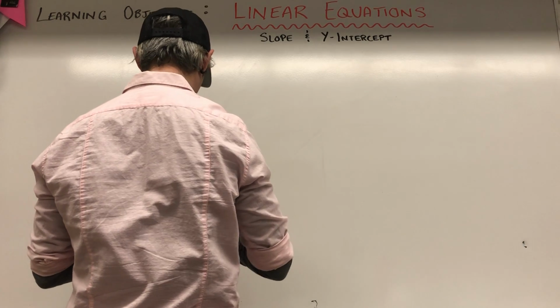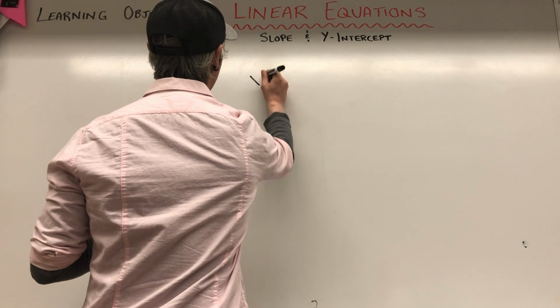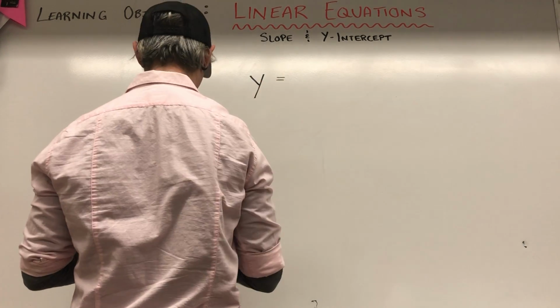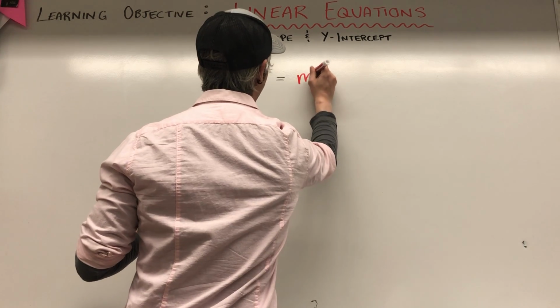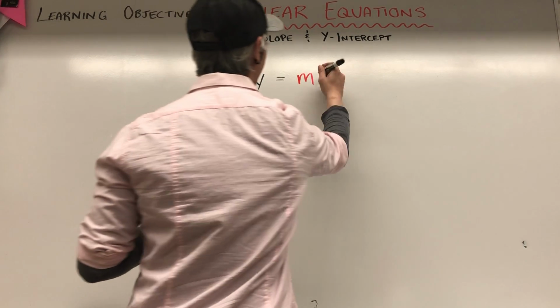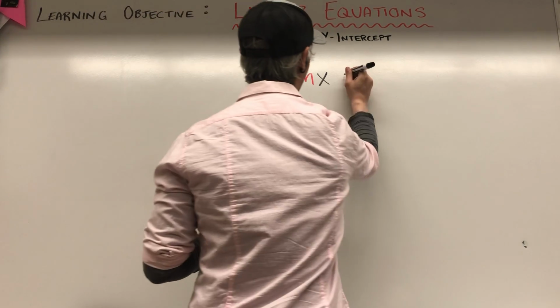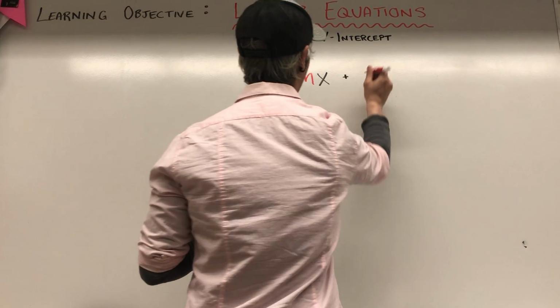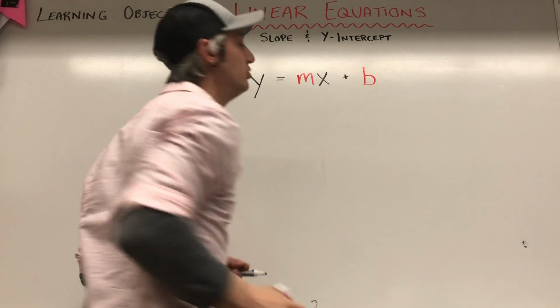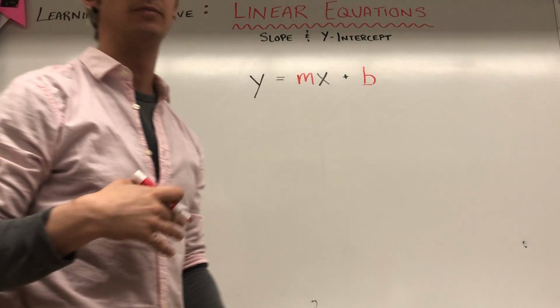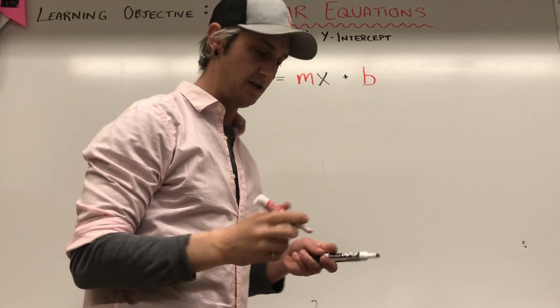Okay, y is equal to m times our variable x plus b. B you can think of as our starting point, but we call it our y-intercept, okay?